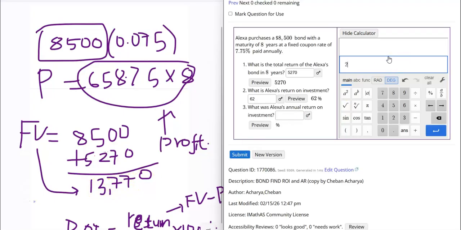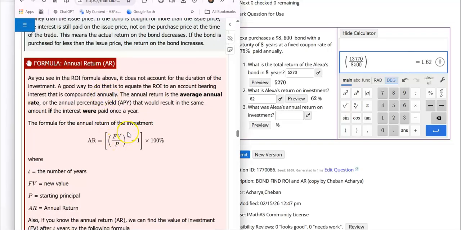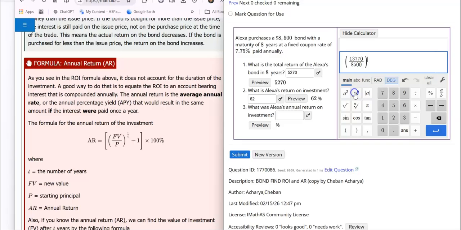Let me put it in parentheses because that's going to go to a power. 13,770 divided by P, the present value, which is the investment, 8,500, to the power 1 over T. Make sure I put the power in parentheses: 1 divided by the time, which is 8 years, so 1 divided by 8, and I subtract 1. Okay, subtract 1, I get this answer.